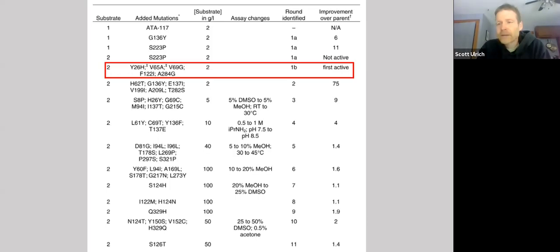Yeah. But like Emily said, once they're done, now they have a gene that encodes for a protein. They can make as much protein as they want whenever they want. And that protein does a reaction in an extremely efficient, extremely enantioselective fashion at room temperature with mostly water as a solvent.